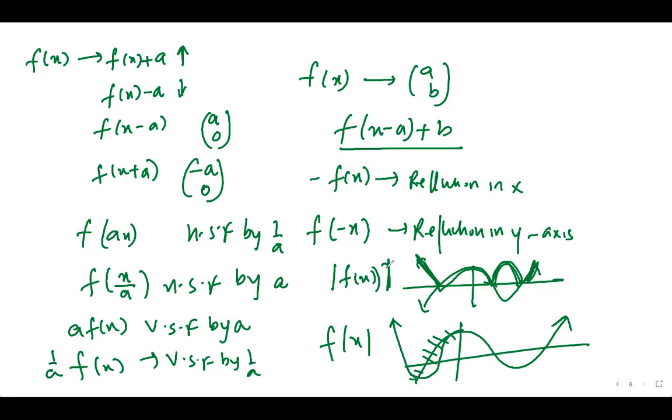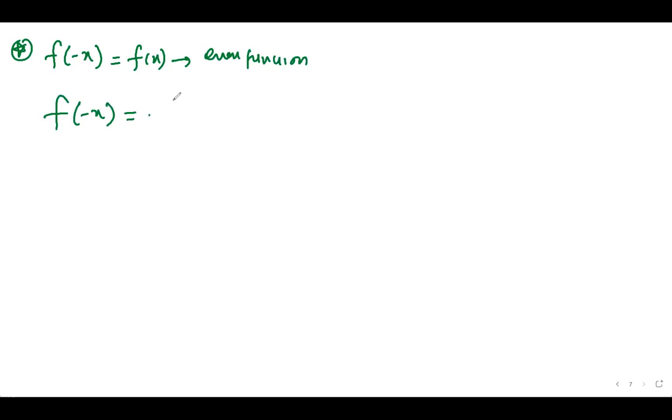Now, taking this opportunity to recap one of the basic properties of functions: even and odd functions. If your f of negative x is f of x, meaning your function is an exact reflection in the y-axis, then it is called an even function. But if f of negative x is the exact negative of the original function, then it is an odd function.